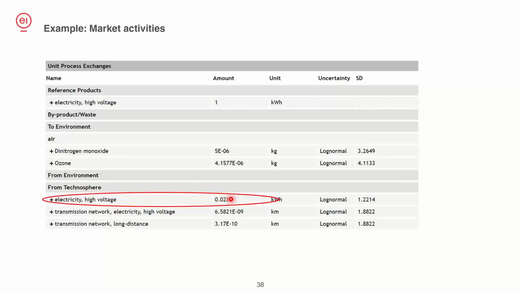I will not go into the system models. So this is an undefined representation of this unit process. This is something that we are going to cover in the next webinar. It's, let's say, an unlinked dataset. So this 0.0282 is exactly these losses that happen during transmission.